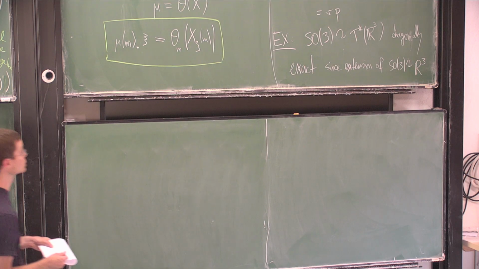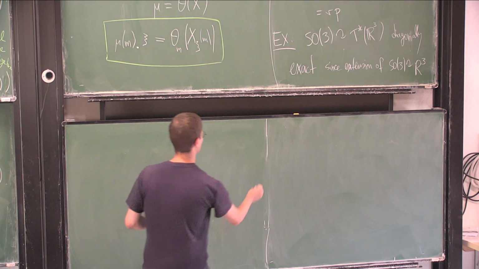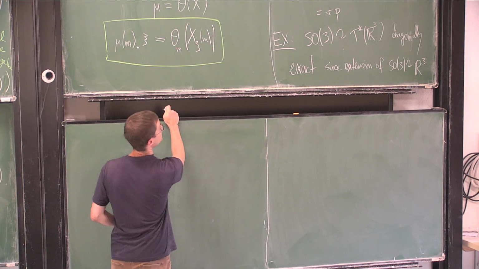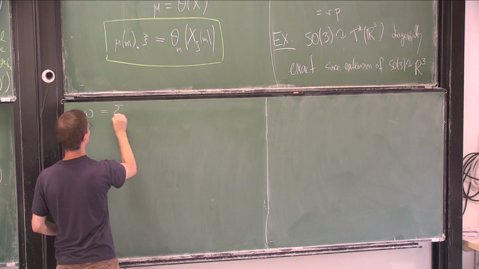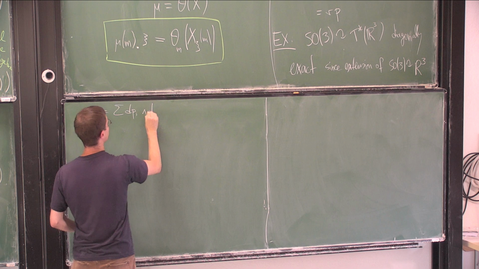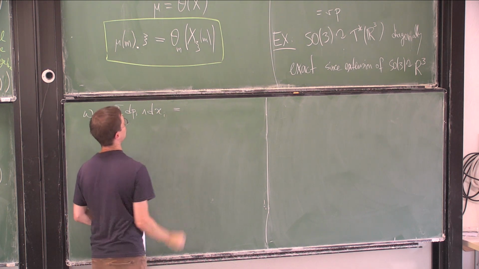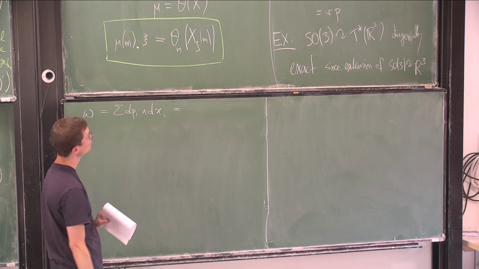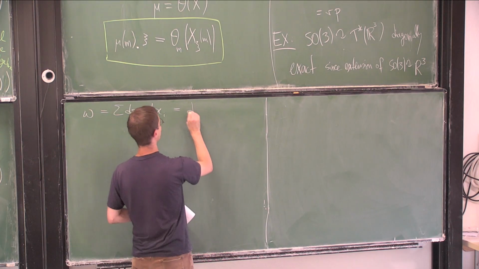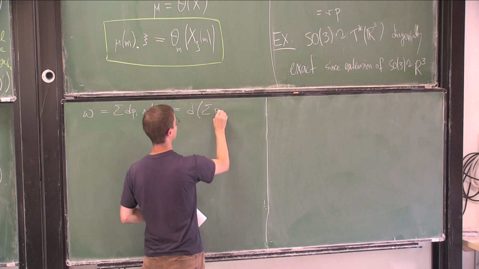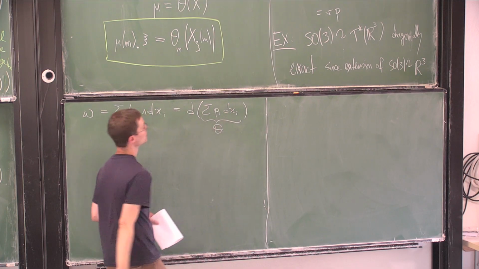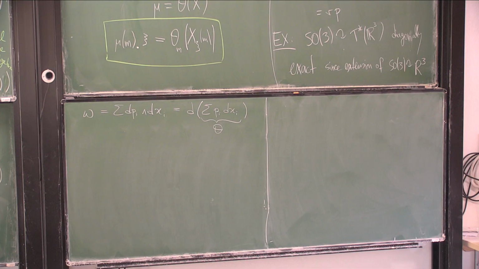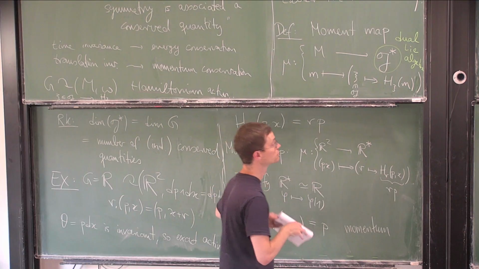Okay, so we should find the ingredients. What is omega? Omega is the usual standard structure, the sum of dp_i dx_i. We have a choice in the potential, but let's say it's the sum of p_i dx_i. So this is our theta, the differential one-form. The other thing we have to determine is the infinitesimal action.